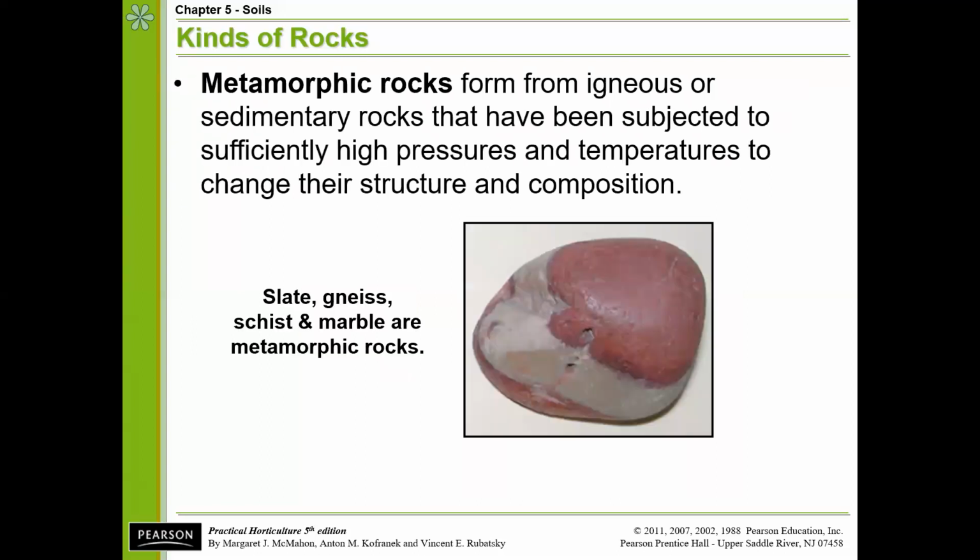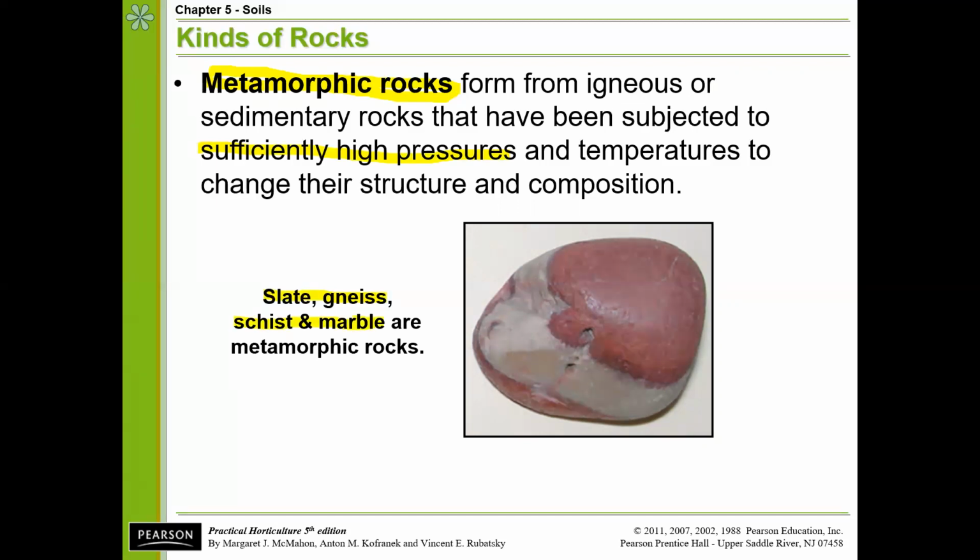Metamorphic rocks are those that have been formed, usually it can be igneous, but it has often been taken underground again and then subjected to really high pressures and temperatures that change the original nature of the rock, changes its structure and composition. So we think of things like slate and gneiss, schist and marble being metamorphic rocks.